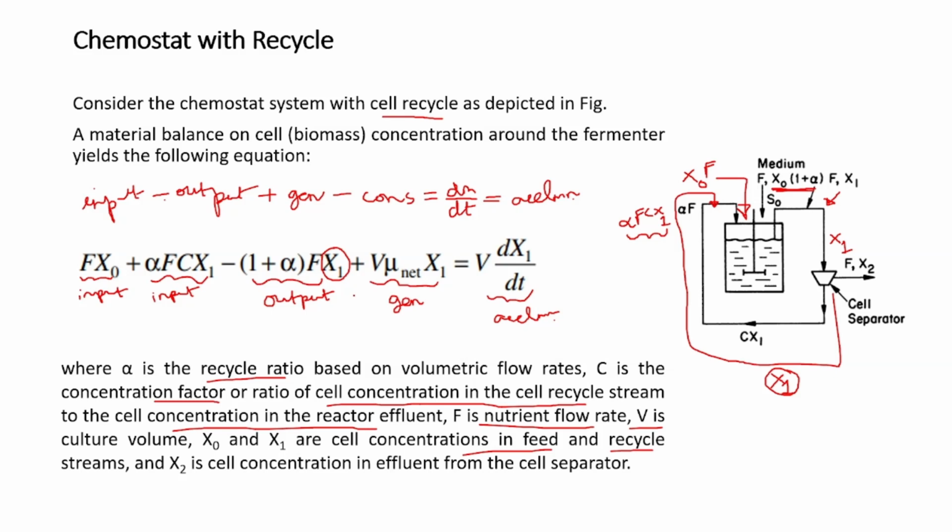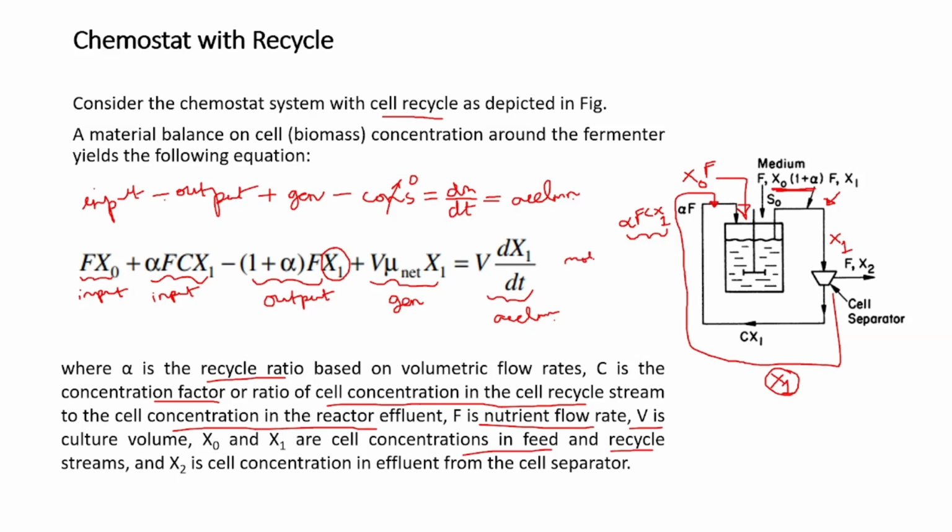Now here we are considering no consumption, so consumption is 0. And now let us see the units. So we know for a balance, the final unit should be in moles per time or moles per second, for example. So here F x naught. What is the unit of F? Unit of F is liter per second, right?